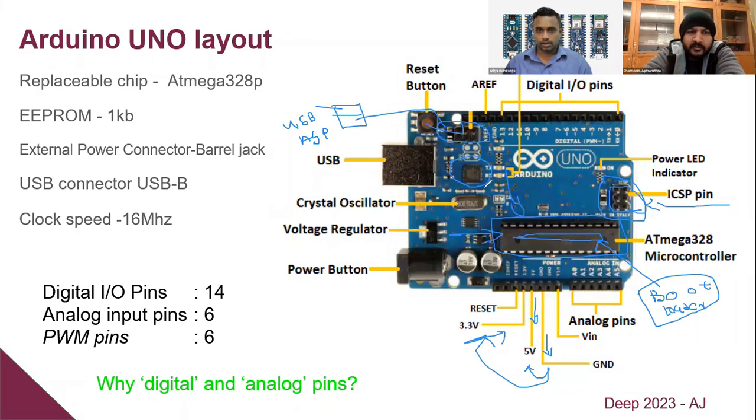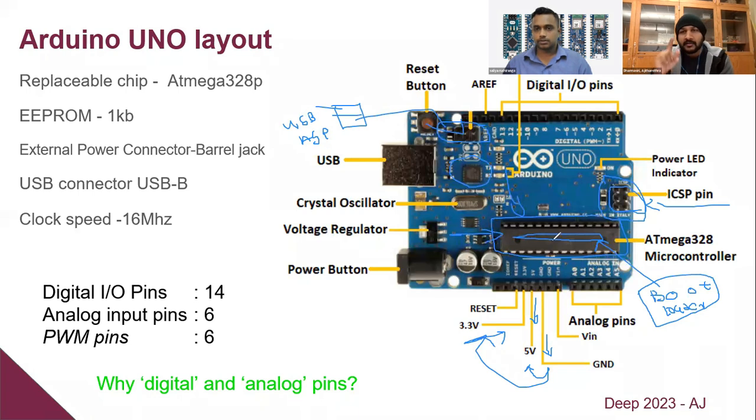So technically, if this ATmega microcontroller gets damaged, we can swap it if we want, right? That's another important thing about this model of the Arduino board. You can easily remove this chip and replace it with another chip. But even if you replace it, first you have to upload the bootloader externally and then use it in Arduino.